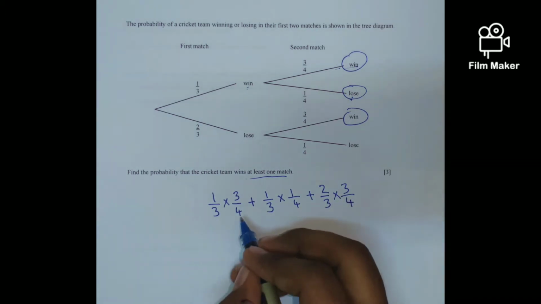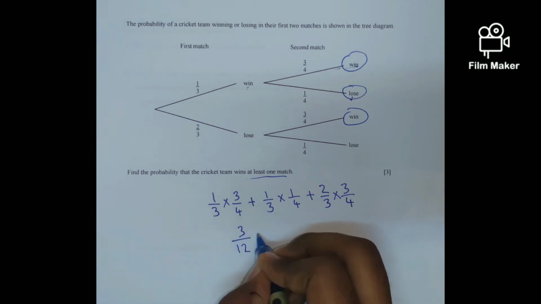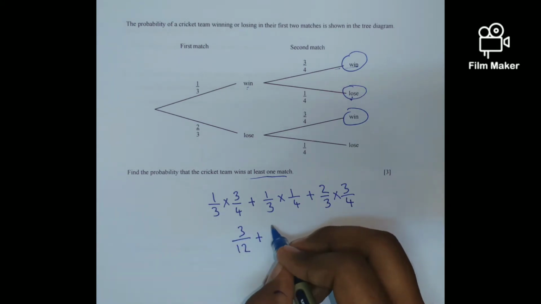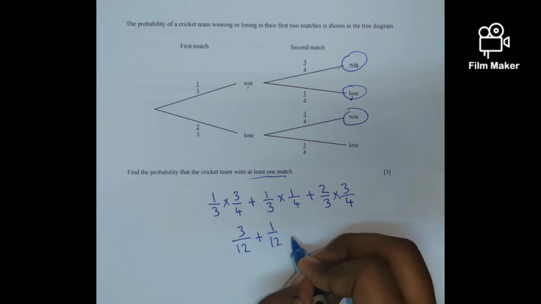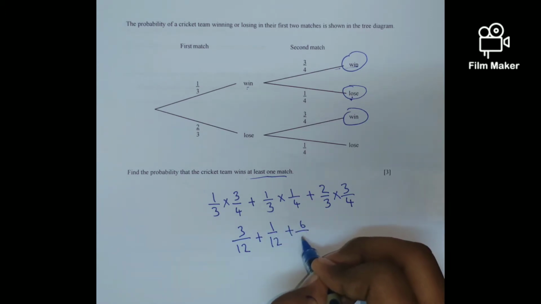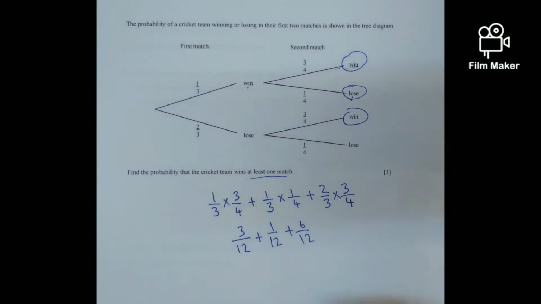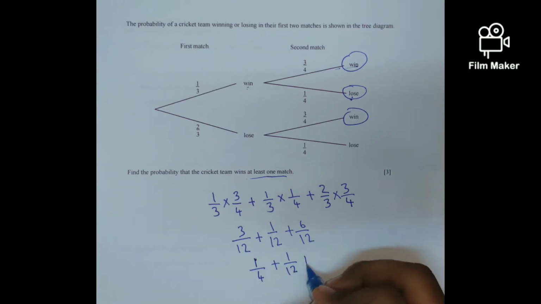So it would be 3 by 12 plus 1 by 12 plus 6 by 12. If we simplify it, it would be 1 by 4 plus 1 by 12 plus 1 by 2.